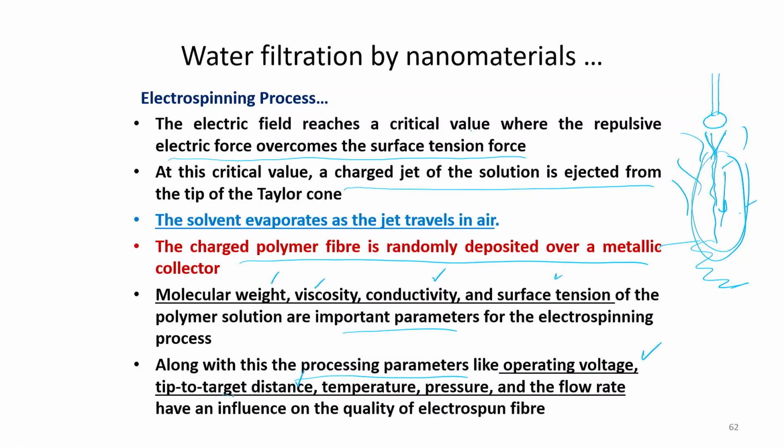So, tip to target distance, what temperature is kept, what pressure is applied, and at which flow rate we are pumping this polymer solution, all these parameters control the fiber characteristics and quality of fiber.